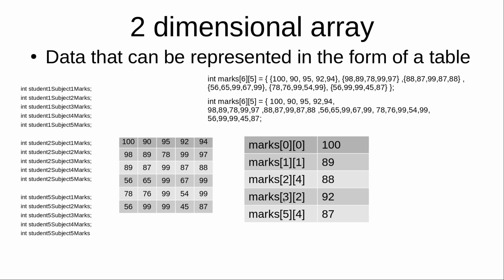And the next example, marks 3 of 2. Here this is the third row and second column. So which is the third row? 0, 1, 2, 3. And the second column, 0, 1, 2.